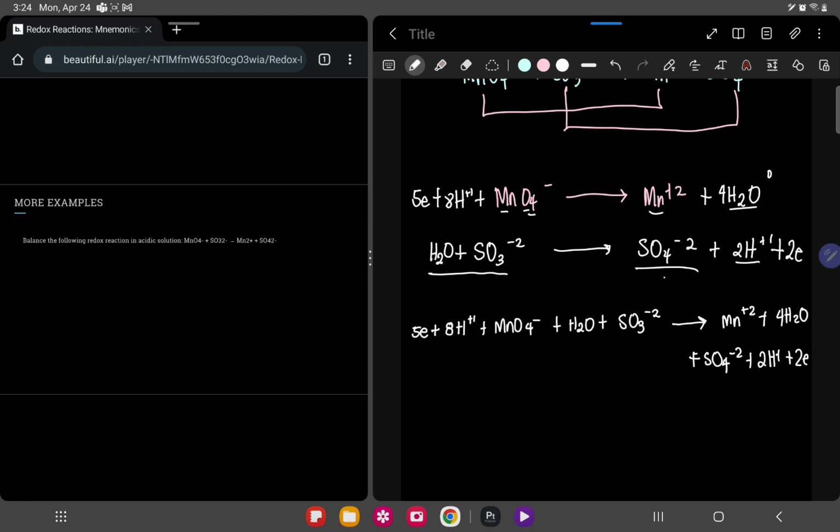we have to check for the number of hydrogen on both sides, and we have to cancel out everything that we can cancel on both sides.